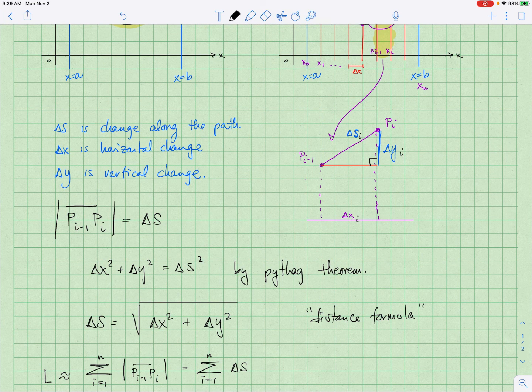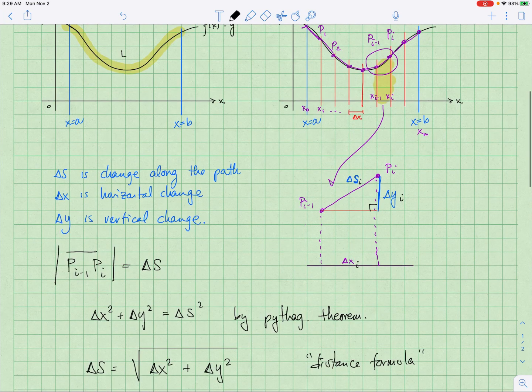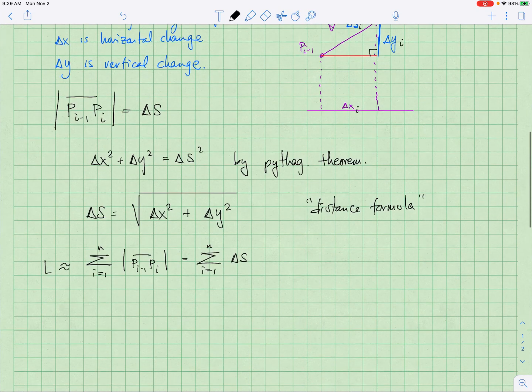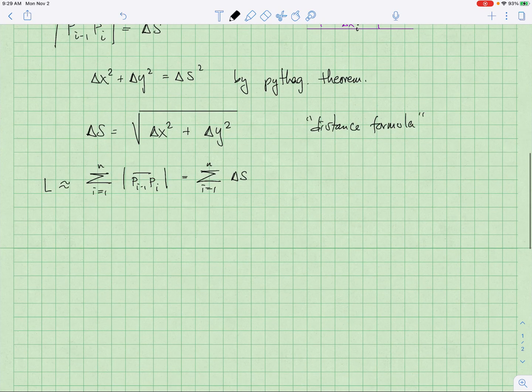And we could call this delta x sub i, but delta x is going to be the same for each one of these intervals. However, the change in y is going to be different from interval to interval. Sometimes it's negative, sometimes it's positive. And as a result, that little delta s is going to be different in each interval as well. And that's what's going to give us our different arc lengths for different curves.